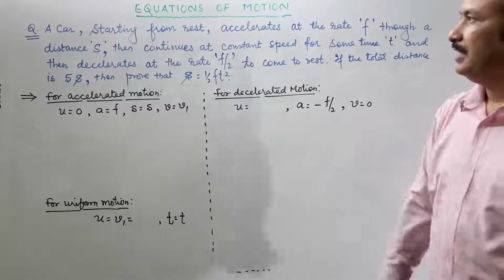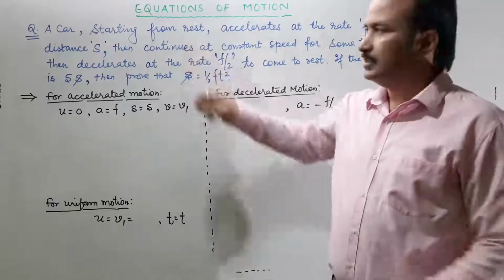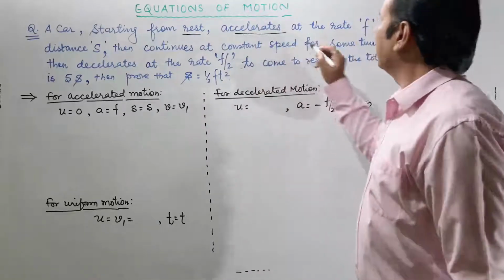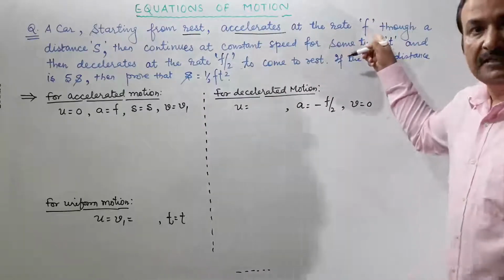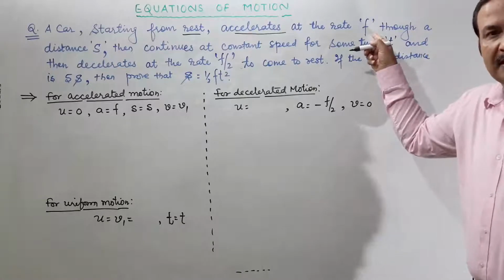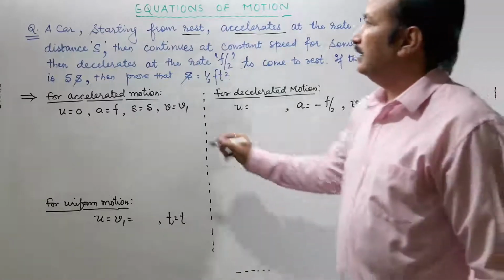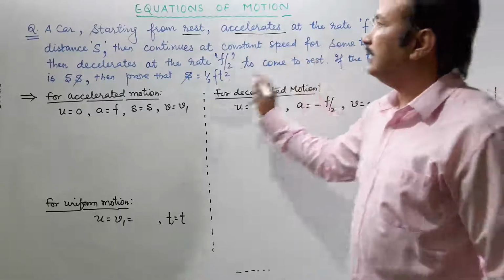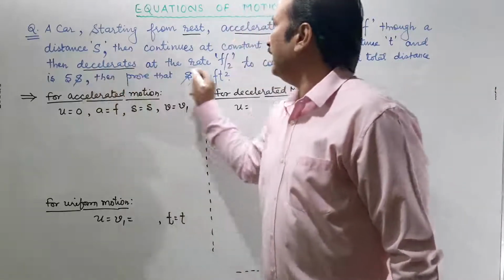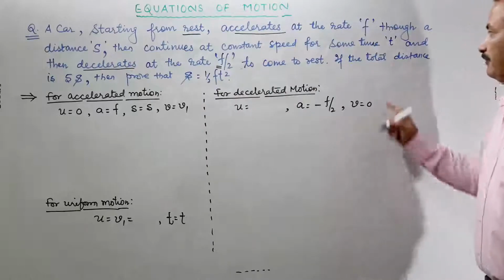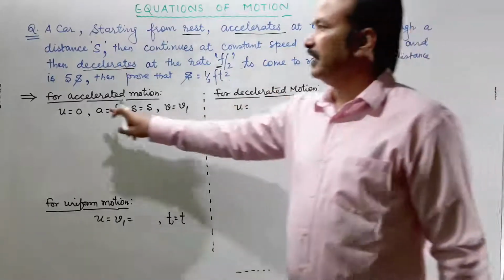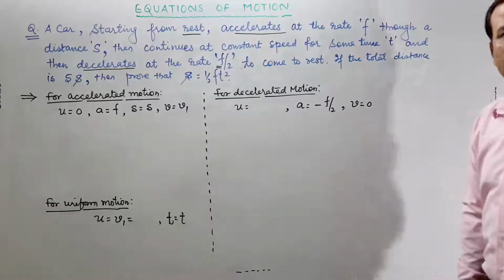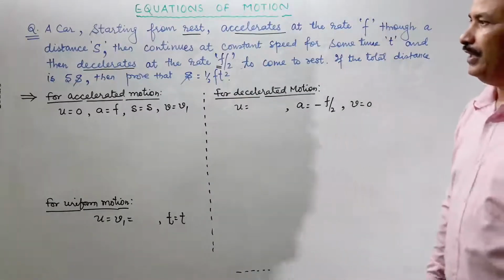If the total distance is 5 times s, then prove that s is equal to half f t square.